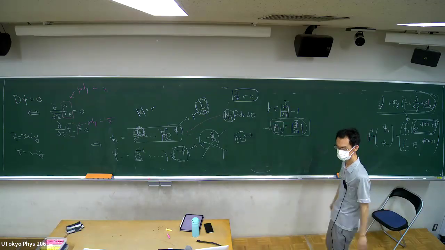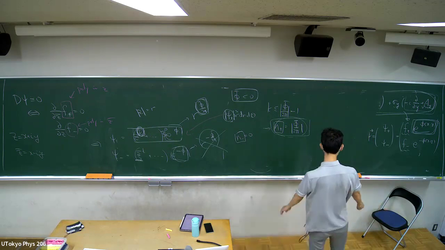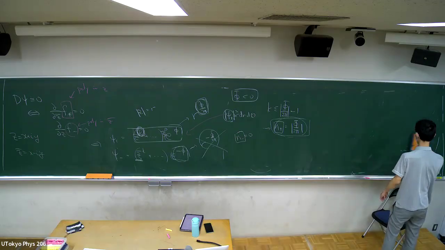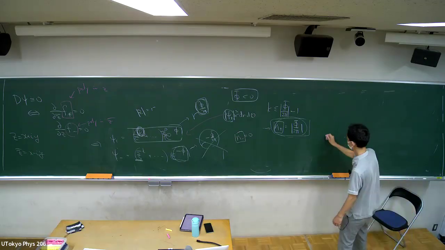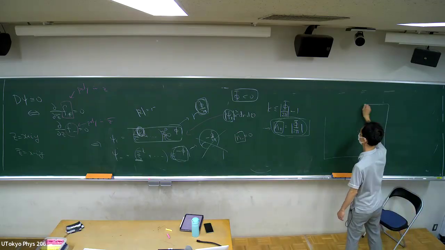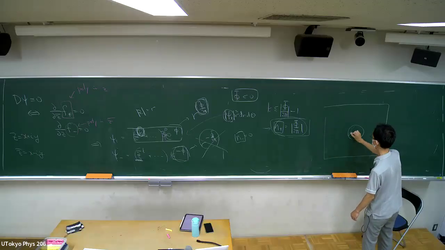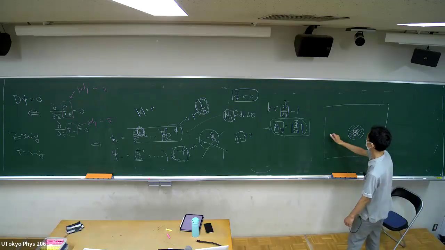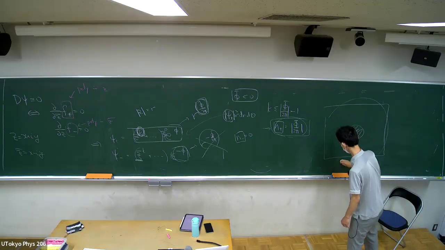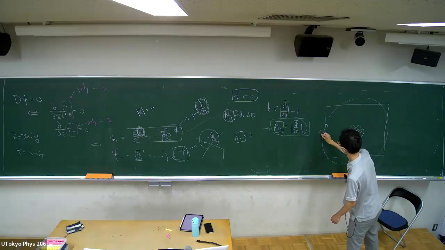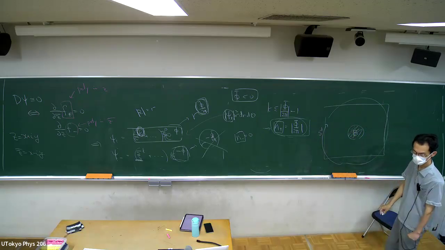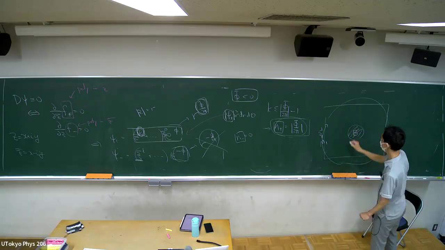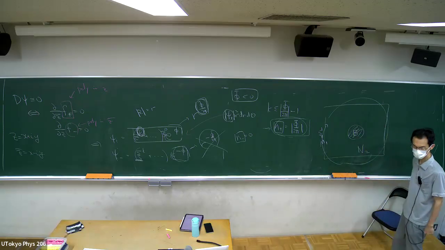So we got this. And why is this the APS index theorem? So here we have B around here, and you can consider an asymptotic S1. So this is M1, and this interior region is N2.